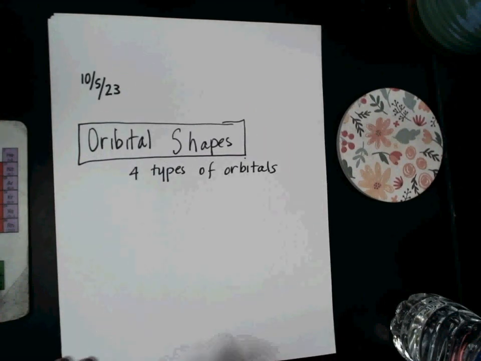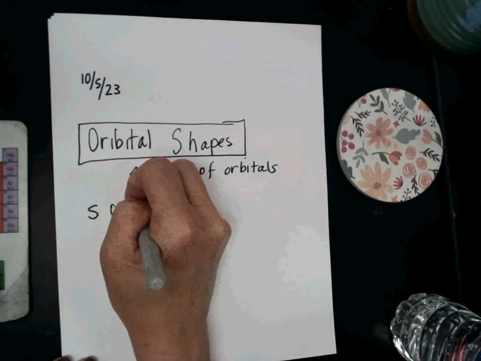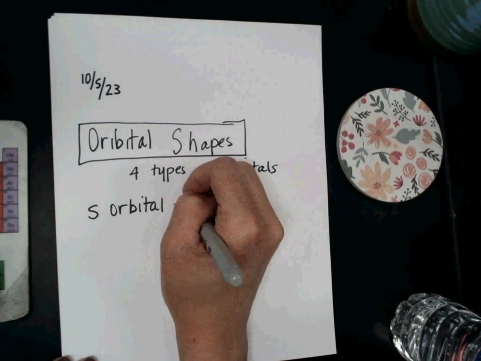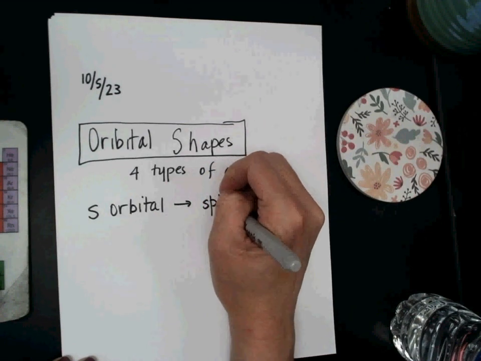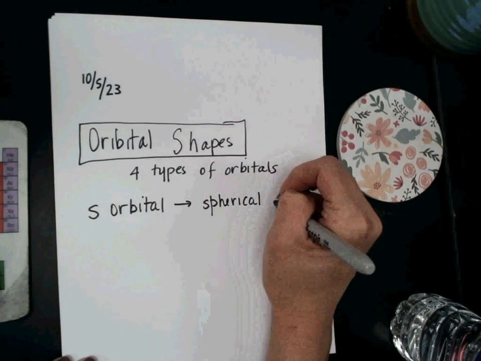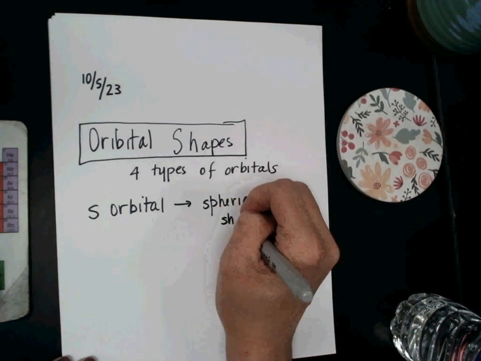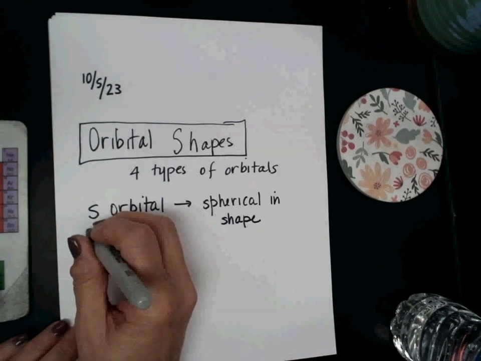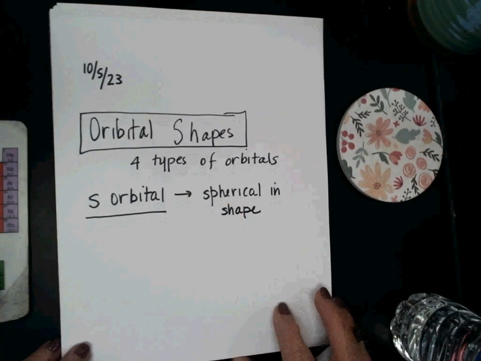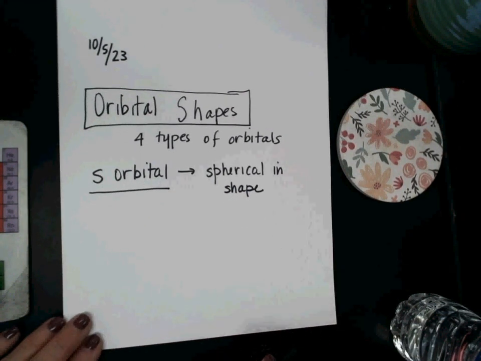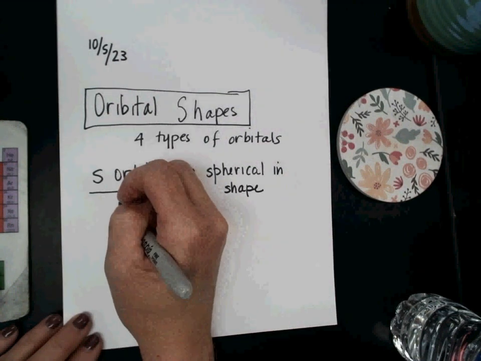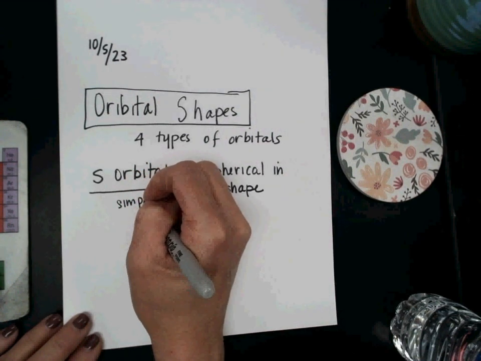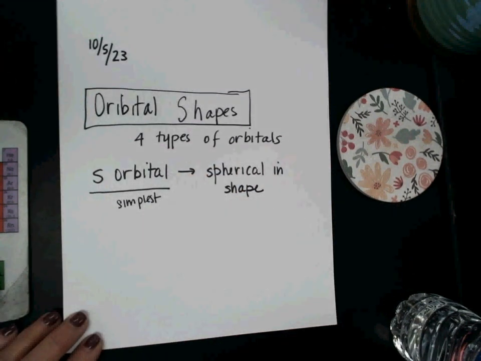There's the s orbital, and we call it spherical in shape. It's the only one that's like a circle of all the orbitals that we're going to look at. So I'm going to say this is the simplest, and this would be 1.